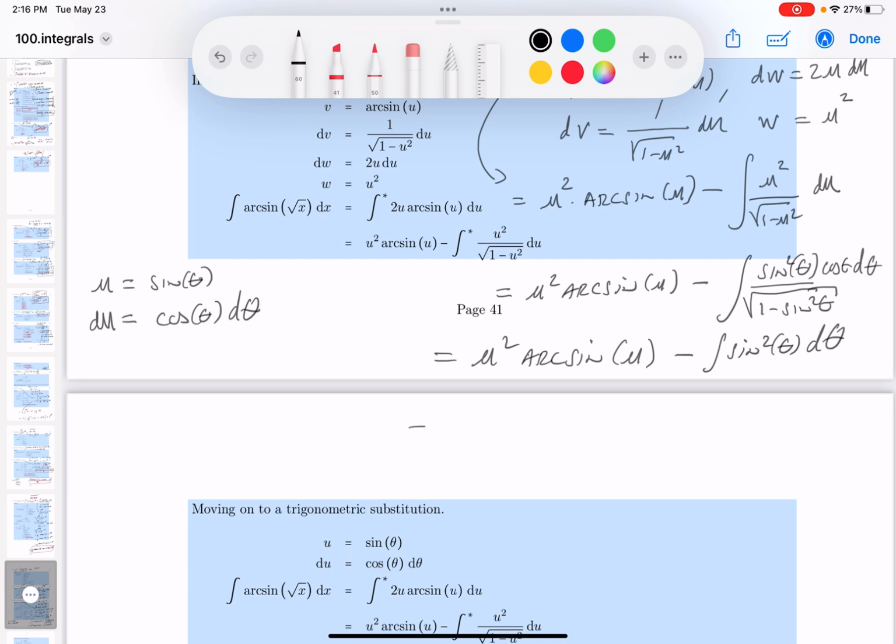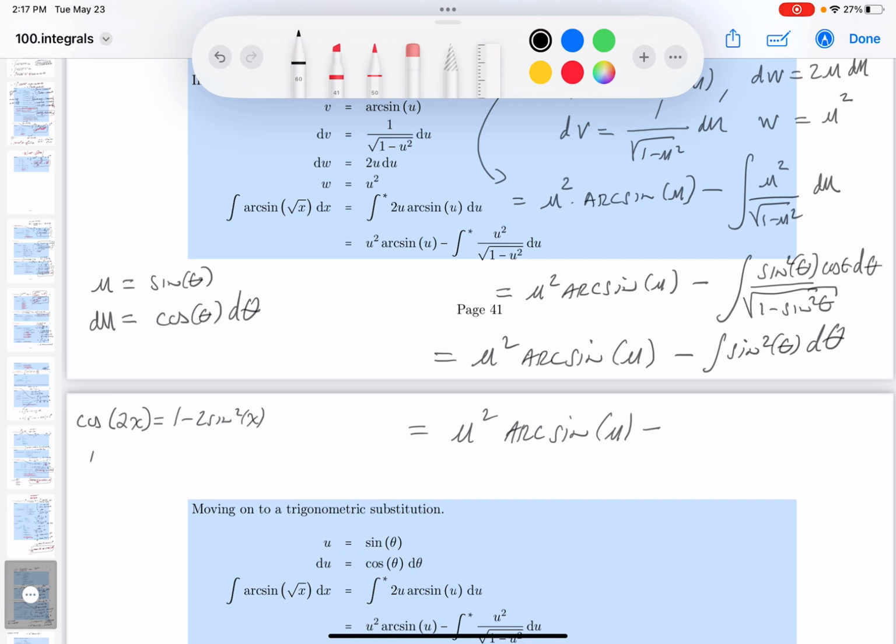All right, got to keep moving. U squared arcsine of u minus, what's something to do with the double angles again, right? Let's review that. Cosine of 2x is 1 minus 2 sine squared of x.